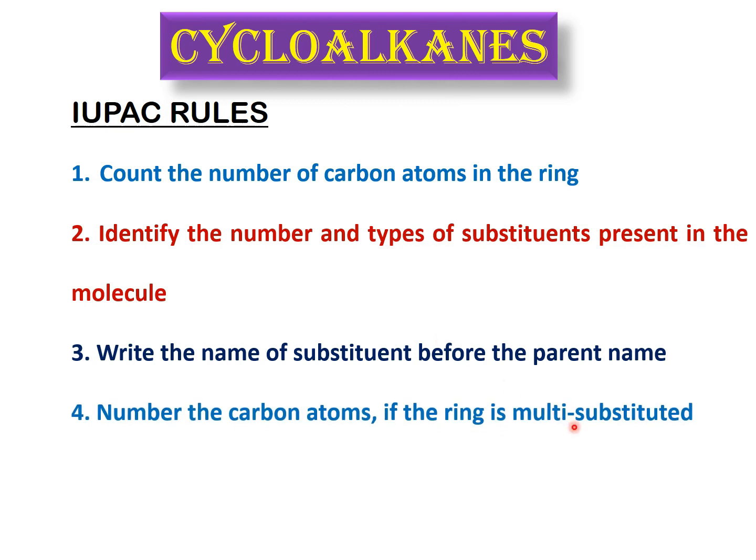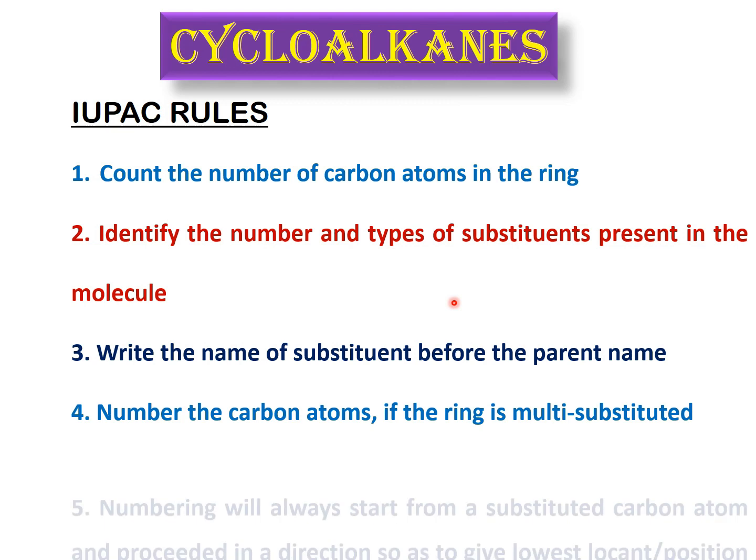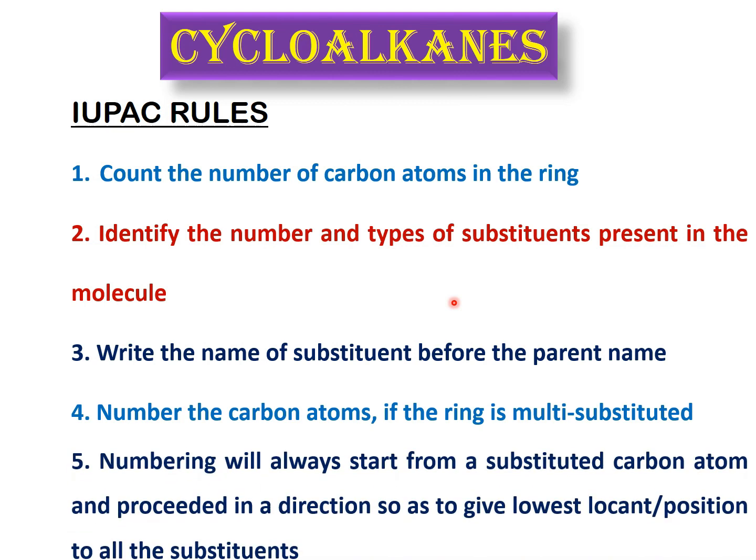But if you have more than one substituent present, then indeed you have to number the carbon atoms in the ring. The numbering rules say that numbering will always start from a substituted carbon atom, and it will proceed in a direction so as to give lowest positions to all other substituents.